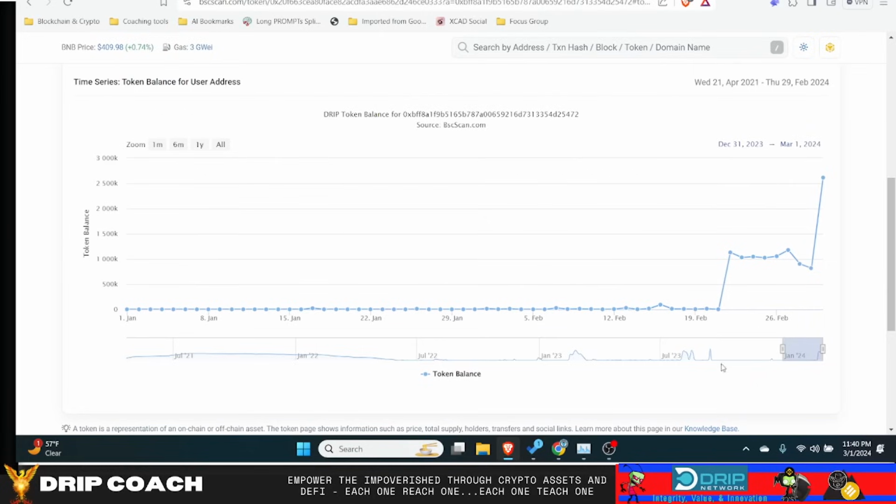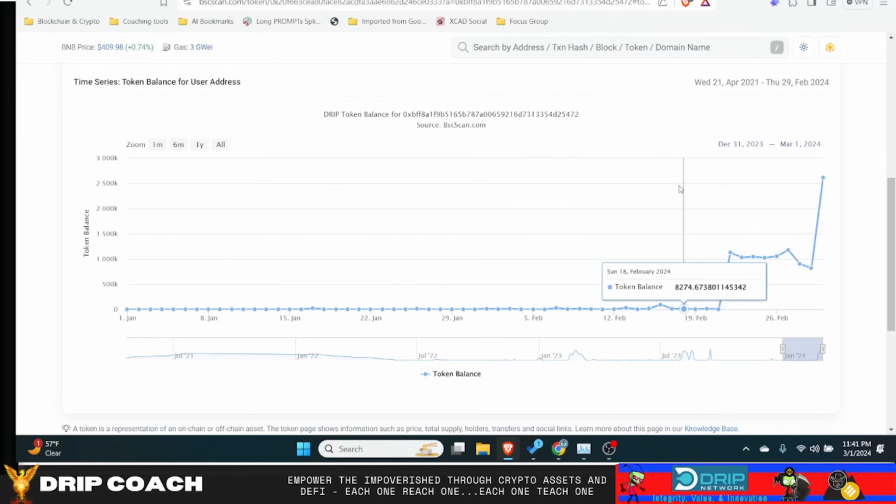So I don't know what the average is right now for claims, but it's still around like 100,000 or so a day, I would imagine. But if things continue in this path, then I definitely think we will hit a deflationary status very soon on the drip token. Like, it's deflationary now, but all you that are following my content, all you really are looking for is drip price appreciation.